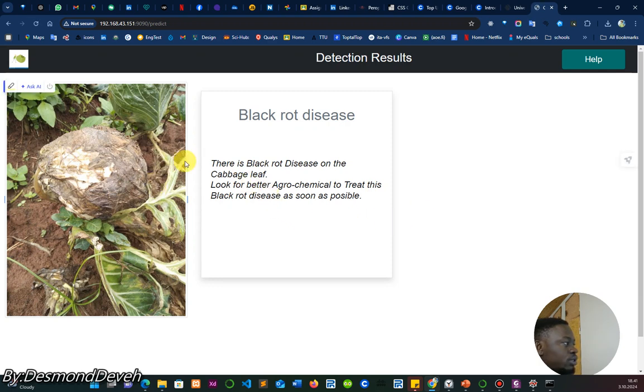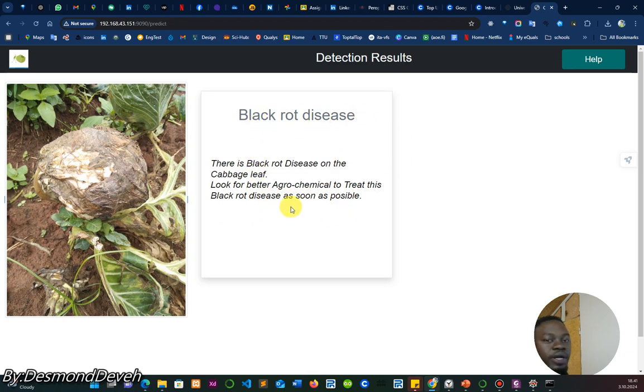Okay, so good. Now you can see this is a black rot disease. So there is black rot disease on the cabbage leaf. Now look for a better agrochemical to treat this black rot disease as soon as possible.